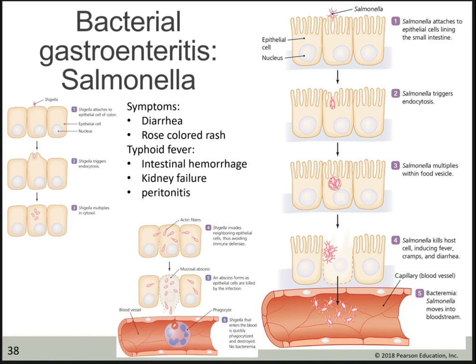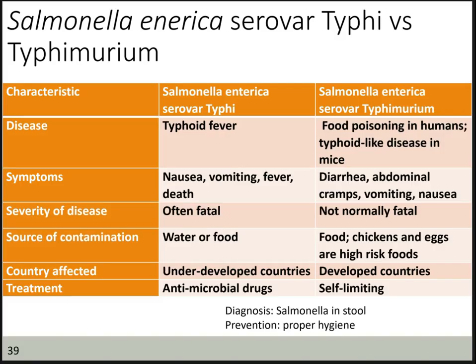Now, salmonellosis is usually self-limiting, but typhoid fever can be much more. So a Salmonella infection can be self-limiting unless you are infected with a bacteria that can cause typhoid, typhi.